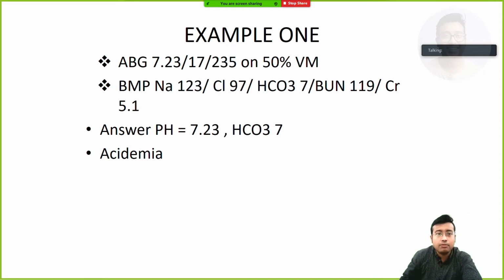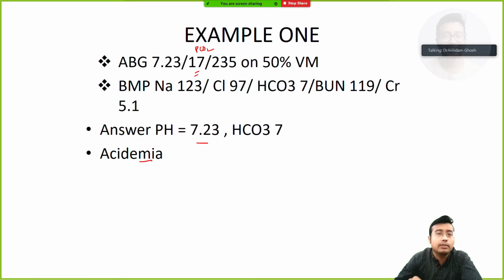So our answer to the first one was acidemia, and it was due to metabolic acidosis. That was the primary disorder. What was the compensation? Since it is acidosis, the respiratory component, or lung, is trying to lower the acid by lowering its own acid.